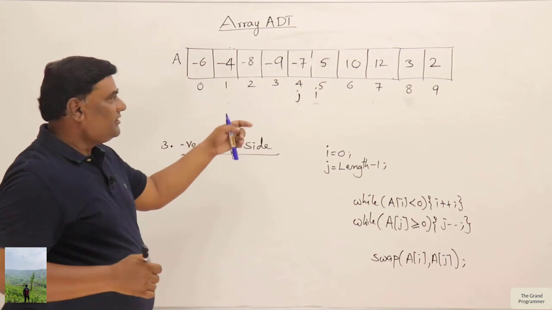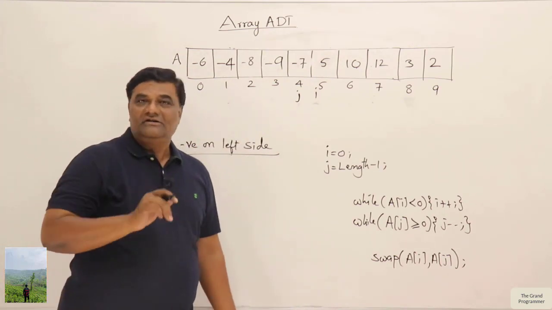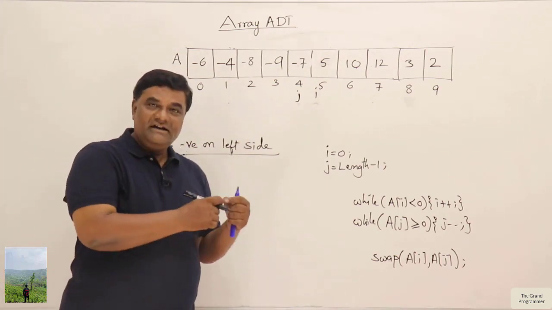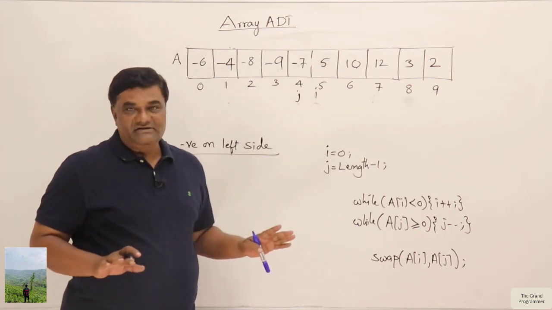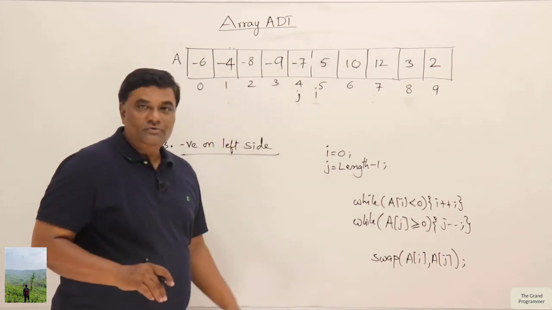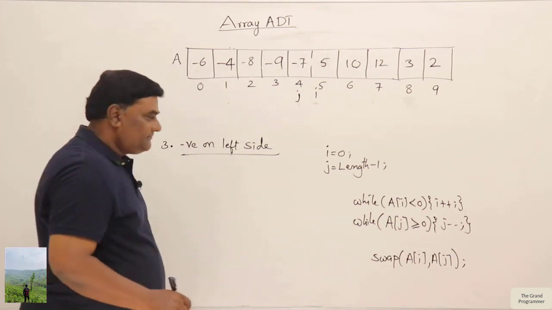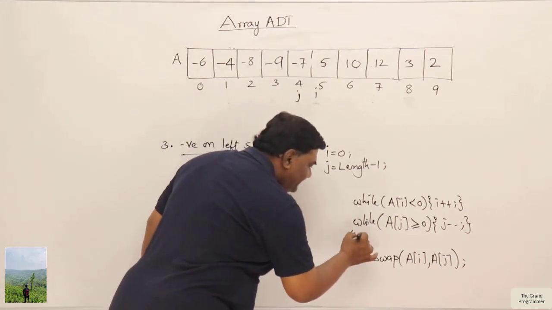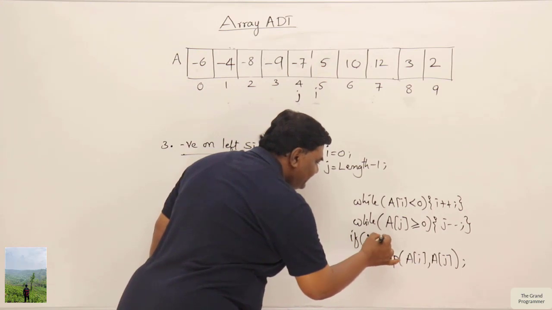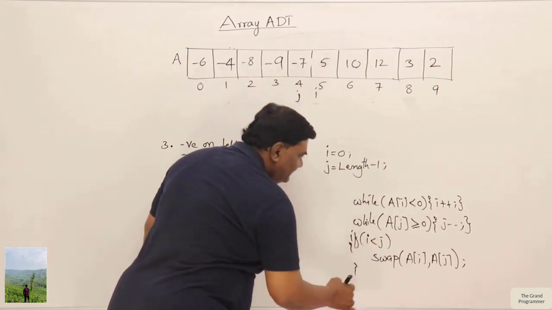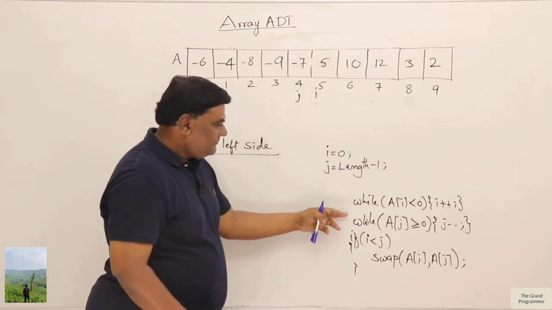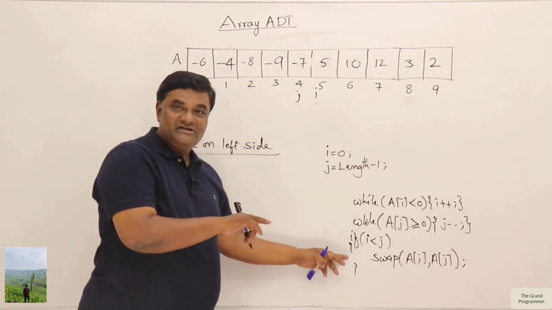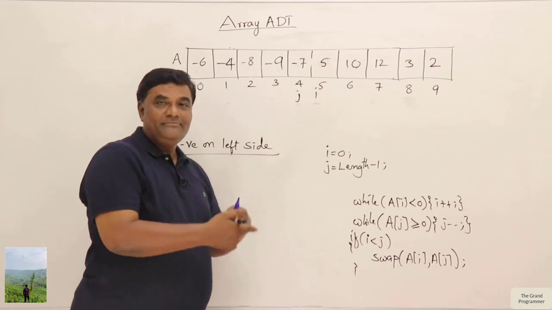Yes, negative number. Stop. But now we will not interchange them because i has become greater than j, which means we have checked the entire list. So this swapping we will not do and we will stop the procedure. This swapping is done only if i is less than j, so it is conditional. Moving i, moving j, and interchanging the elements is a repeating procedure.